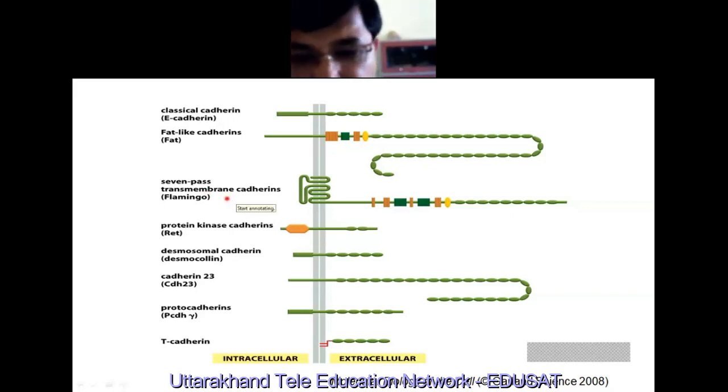And this is just like a G protein coupled receptor, a 7-pass transmembrane cadherin, with an alpha helical structure. What is this? Flamingo, which is also a bird. So it has seven serpentine receptors. This is very important.